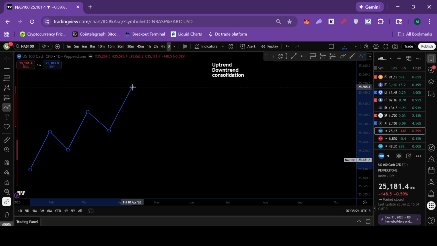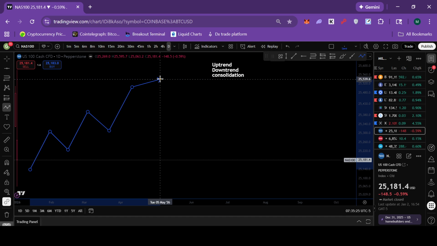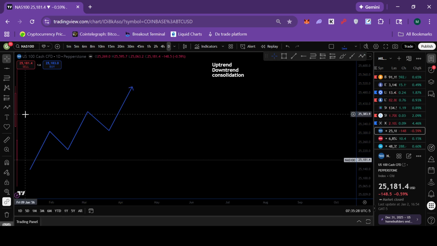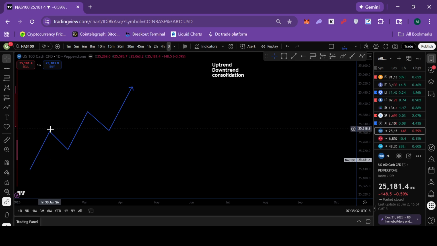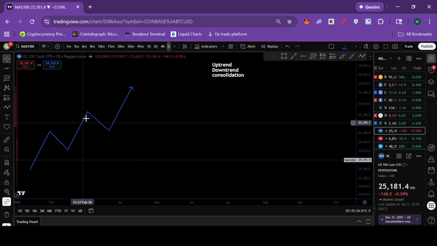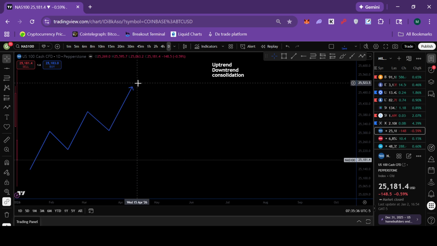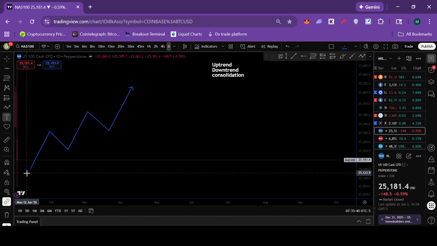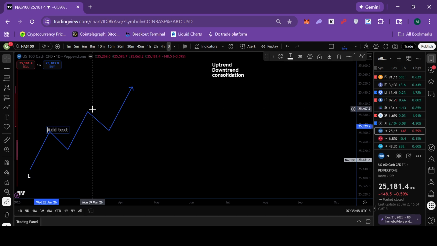Now, when it comes to uptrend, the uptrend doesn't mean it's just going to be going up and only up. The market never moves that way, right? The market is going to have movements up. There's something called pullbacks, another push up, pullbacks, another push up. And these movements are usually labeled or considered as a low, then a high, right?